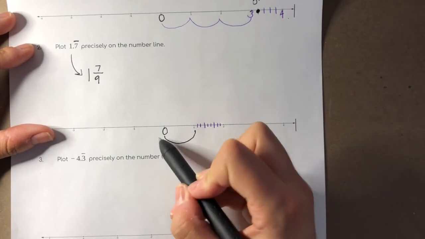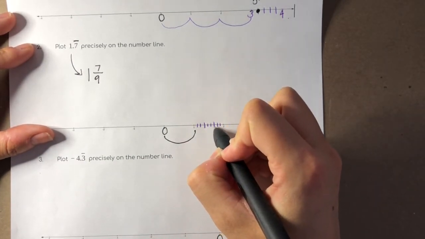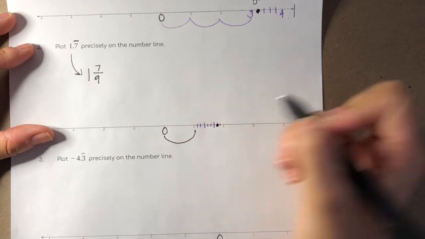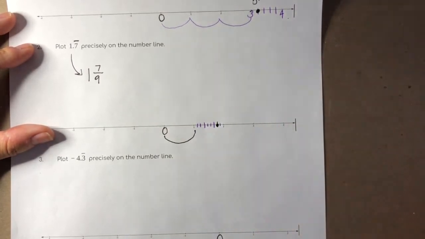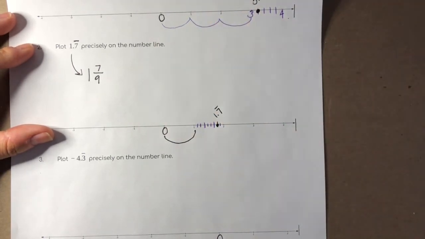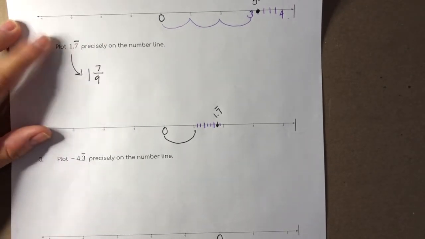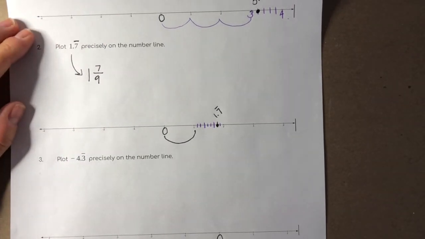And then I'll count away from 0. 1 and 1, 2, 3, 4, 5, 6, 7 ninths. Right there. When I go to put that on the number line, I'll do 1.7 repeating, because that's the number they asked for. Even though we know it's equivalent to 1 7/9, that's what they want to see written on a number line. That's where it goes.